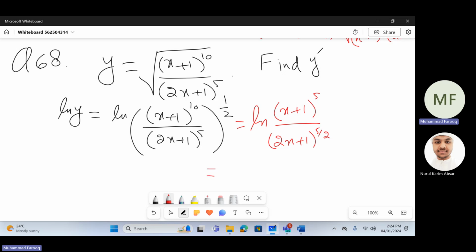Look here: this is 5 ln(x plus 1), then minus, because we have this quotient, 5 by 2 ln(2x plus 1). And this is your ln y value.